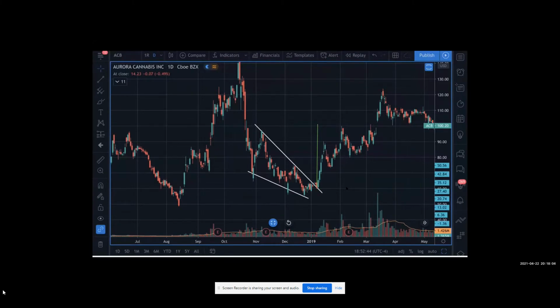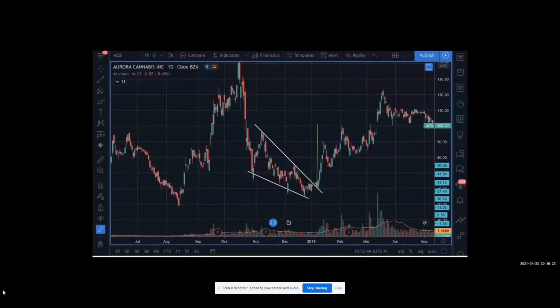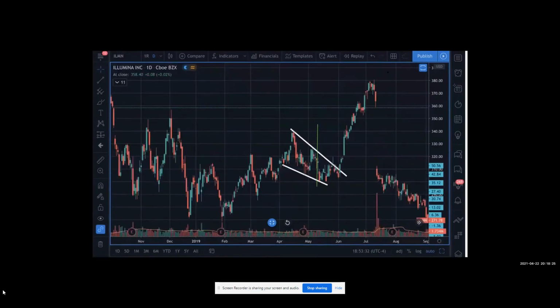Not a lot of people would dare to hold this thing for 20 days, right? Just not a lot of people who have the balls to hold this for 20 days. So I'm going to give you guys a perspective on what it takes and the patience it takes to make money, right? Let me clear the screen real quick.